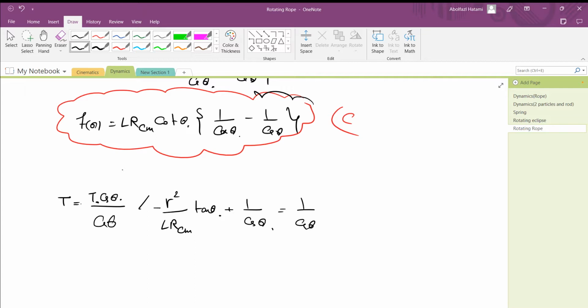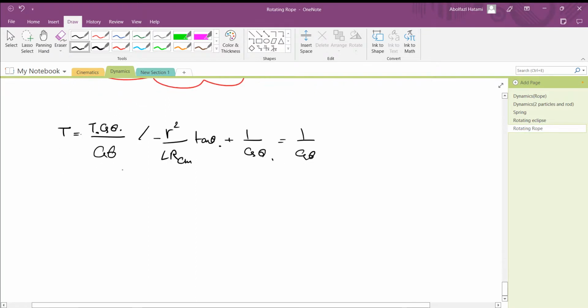Let me check if it is true or not. Yes, it is true. Let me make the common denominator: minus R squared sine of theta 0 divided by LRCM cosine theta 0 plus 1 over cosine theta 0.